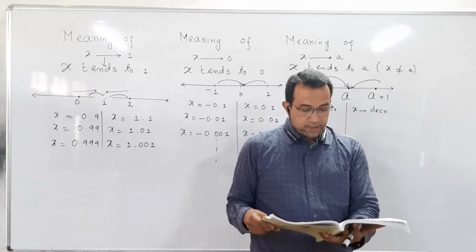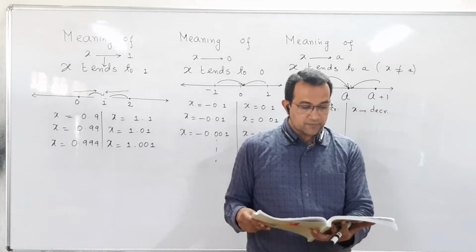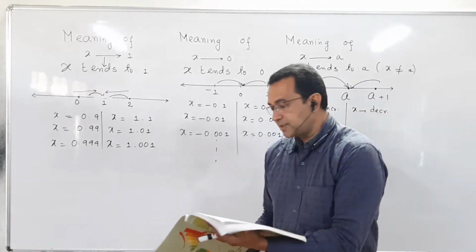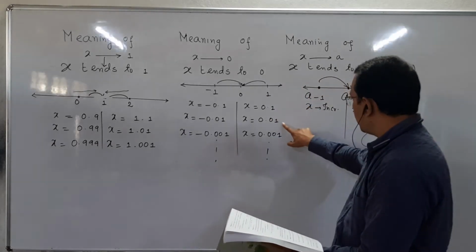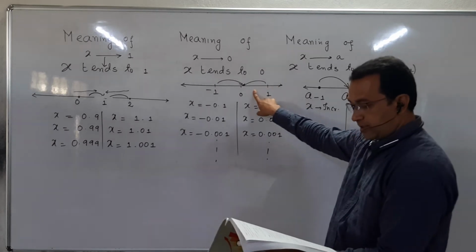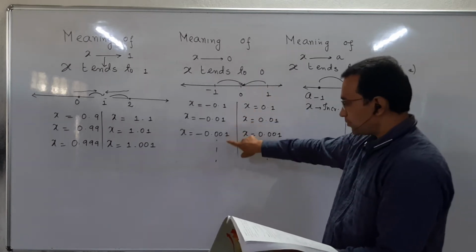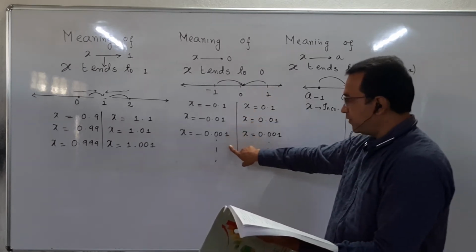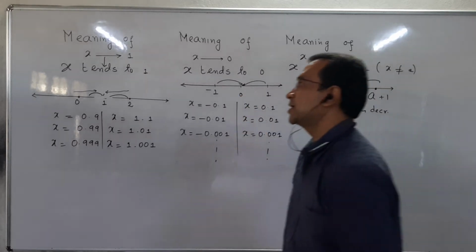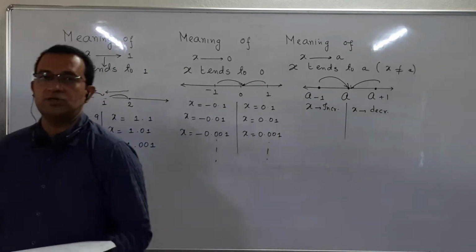Then in the textbook they have given students the meaning of x tends to 0. If by decreasing the positive value of x, decreasing means always from the right hand side, or by increasing the negative value of variable x, x is brought very close to 0, then it can be said that x tends to 0.